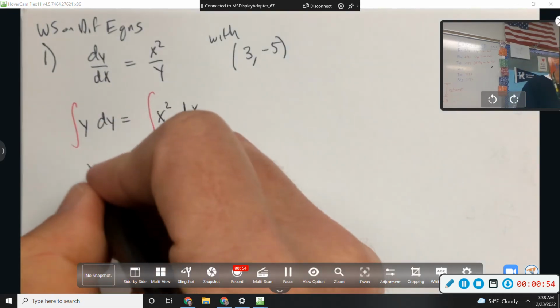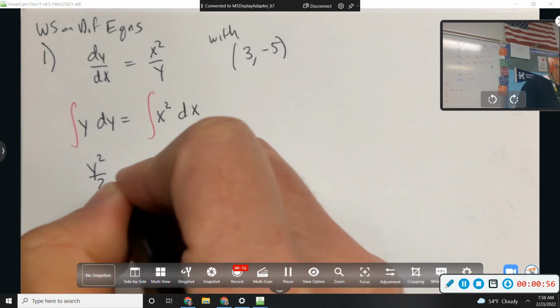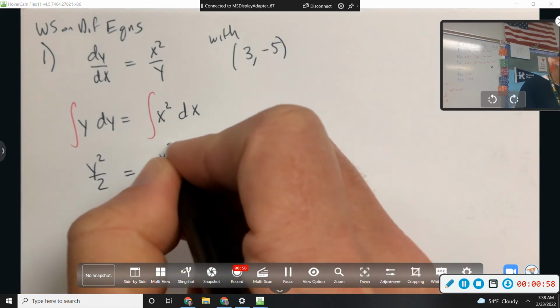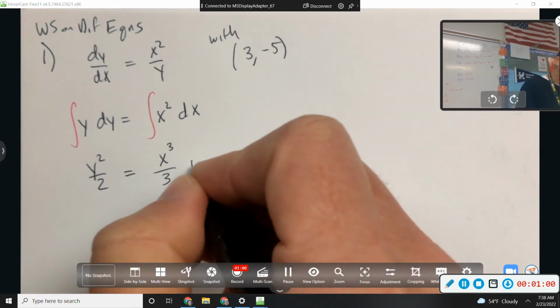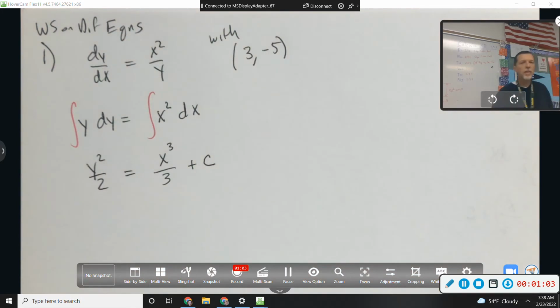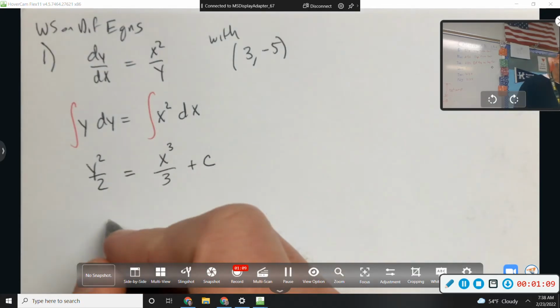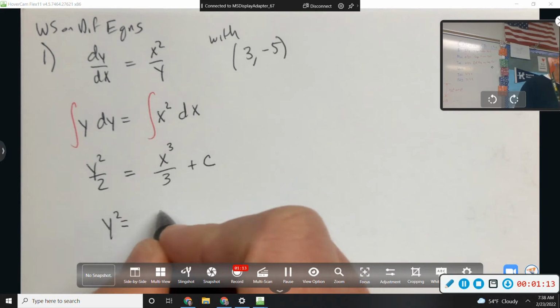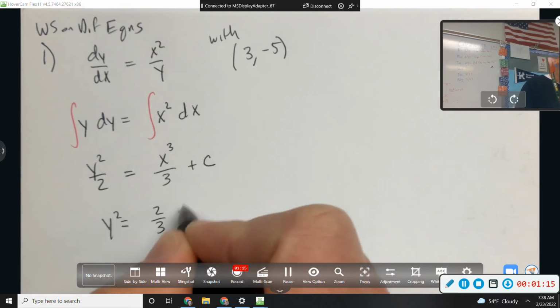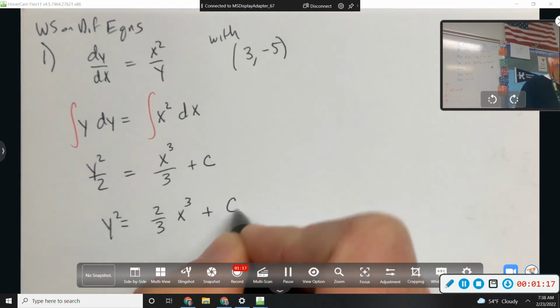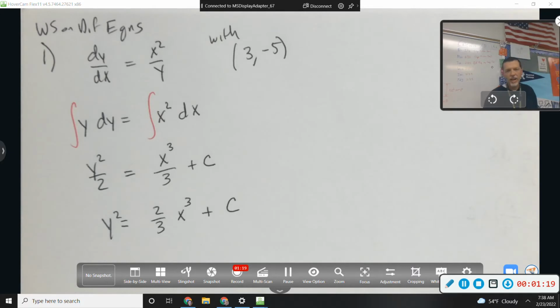No u-substitution needed. y squared over 2 equals x cubed over 3 plus c. To get y by itself, y squared, multiply through by 2: 2/3 x cubed plus c, right? Because I haven't committed to c yet, so c is still just anything.